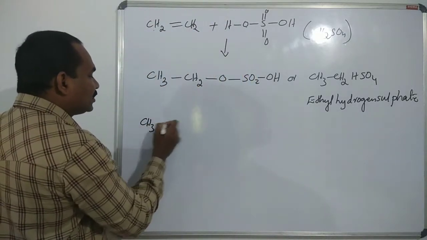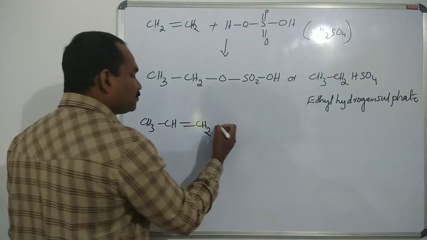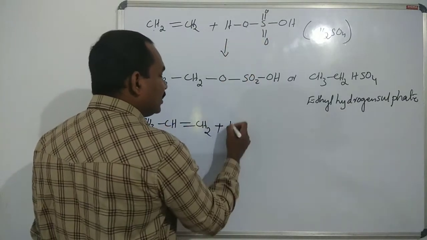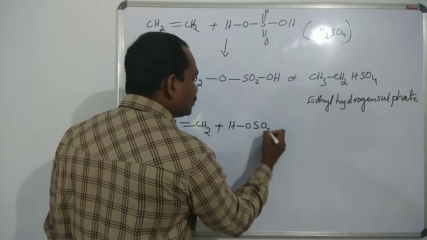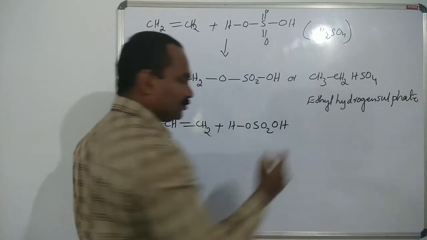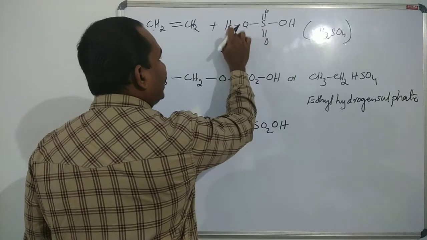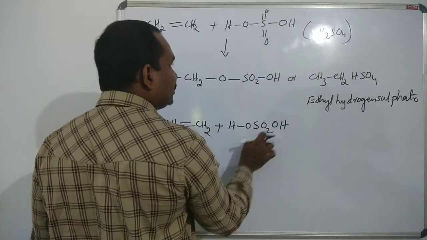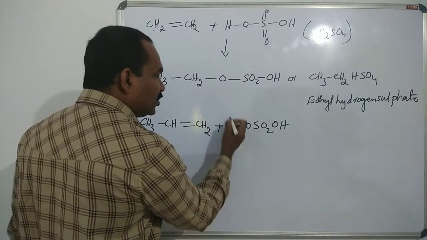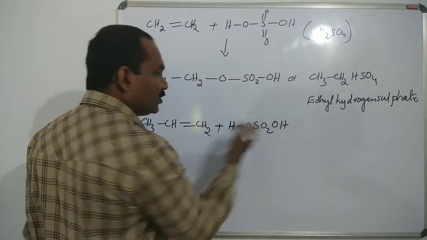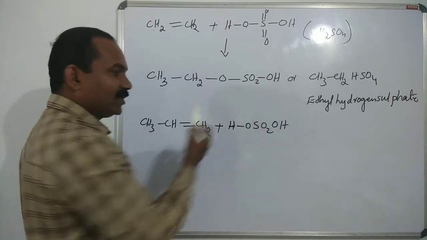Then another alkene, CH3 CH double bond CH2, plus HO, then shortly written as SO2OH. This formula we write here: HO, then SO2 is condensed, then OH. What happens? H plus and O SO2OH minus are formed. This one is plus, this one is minus.